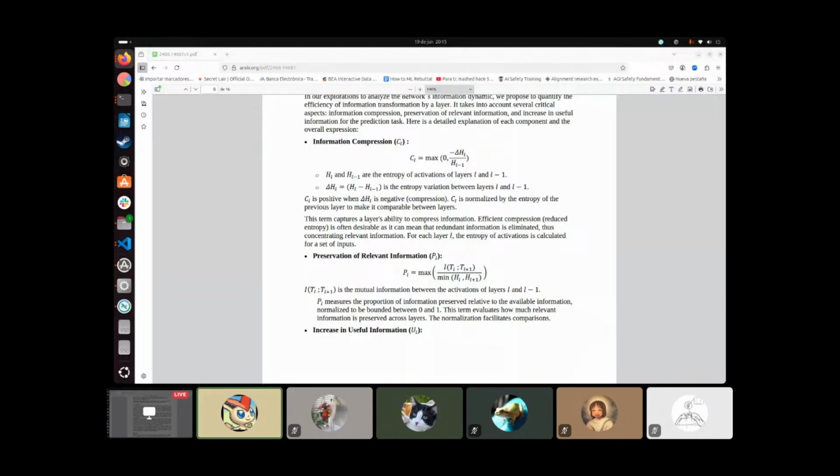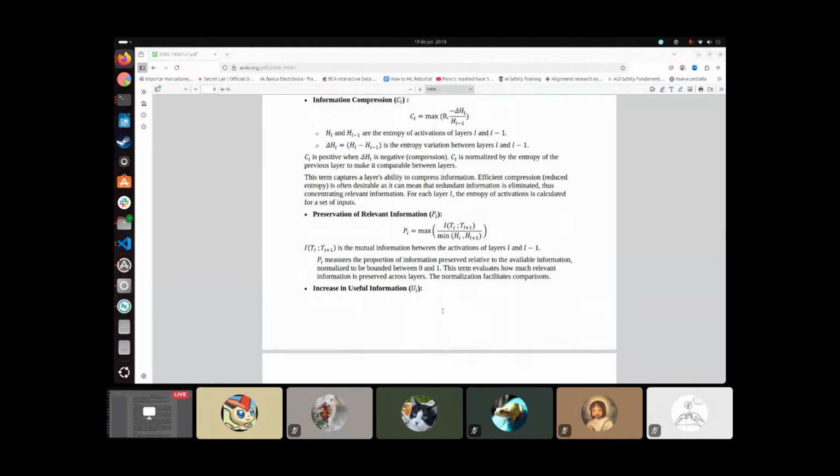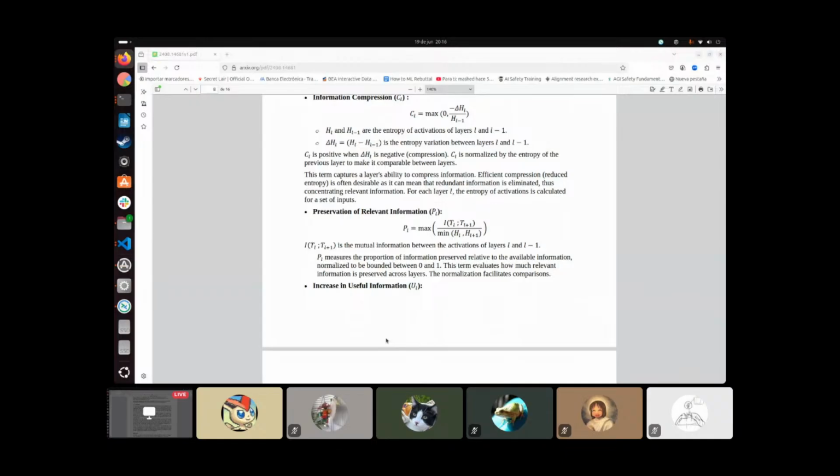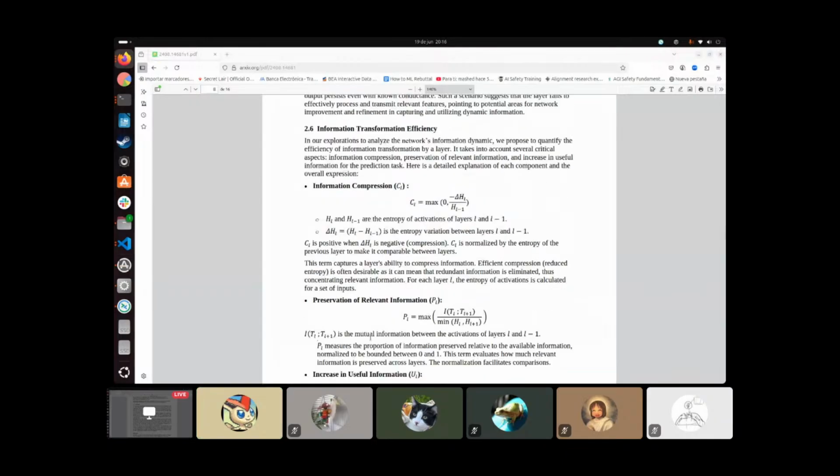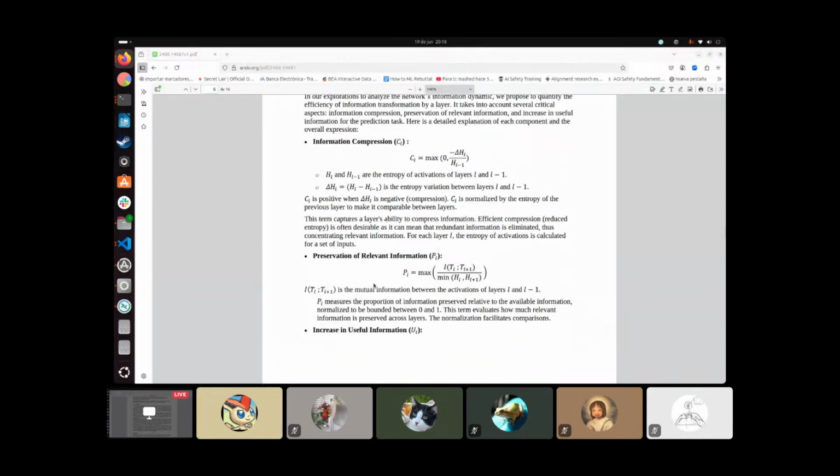And mutual information between x and y is the same as between y and x. Yeah, that makes sense. Information compression.